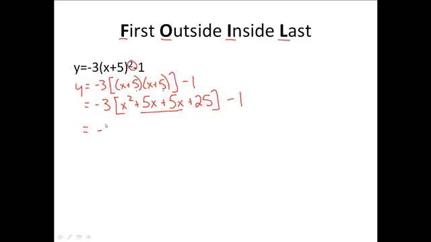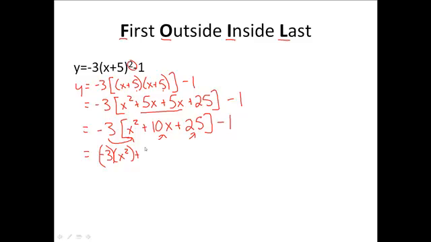Negative 3, x squared plus 10x plus 25 minus 1. Now we've got to distribute our negative 3 to each term here. So negative 3 times x squared plus negative 3 times 10x plus negative 3 times 25 minus 1.